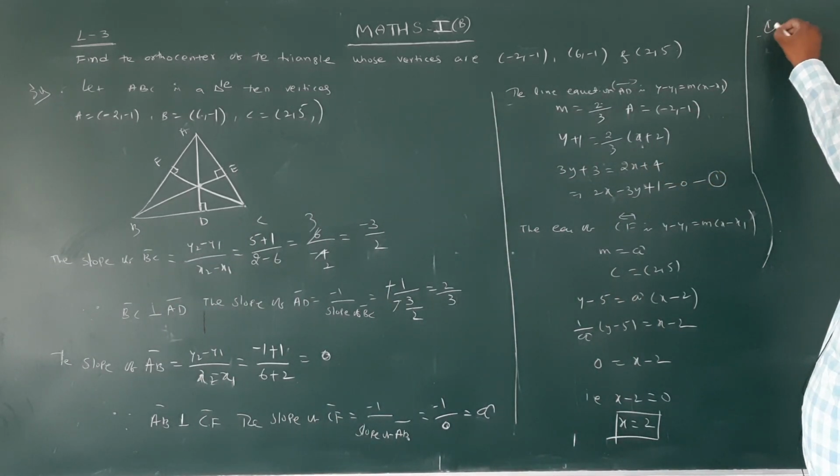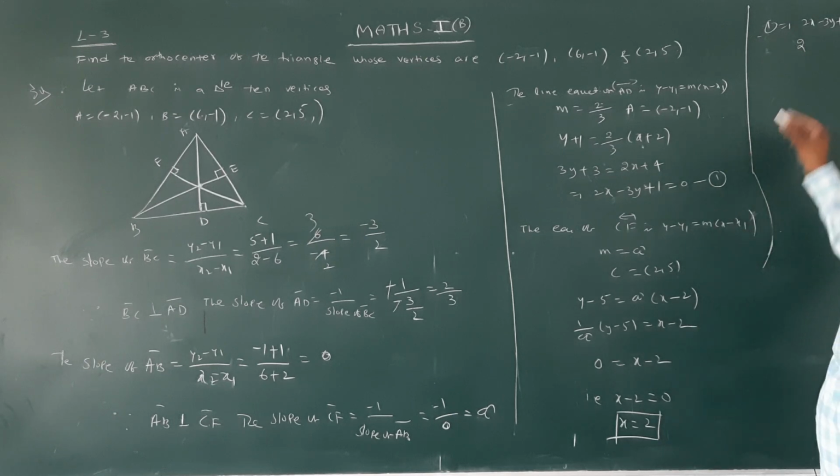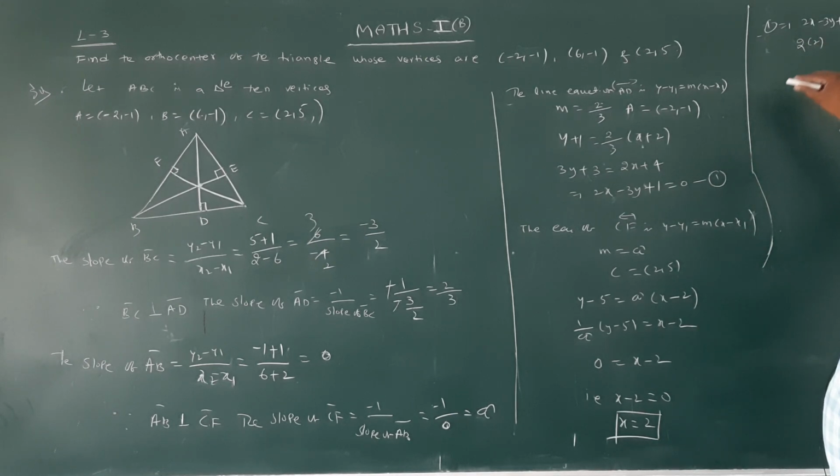From equation 1: 2x minus 3y plus 1 is equal to 0, what is the value of x? 2. 2 into 2 is 4, so 4 minus 3y plus 1 is equal to 0. Minus 3y, 4 plus 1, 5 is equal to 0. Minus 3y is equal to minus 5.